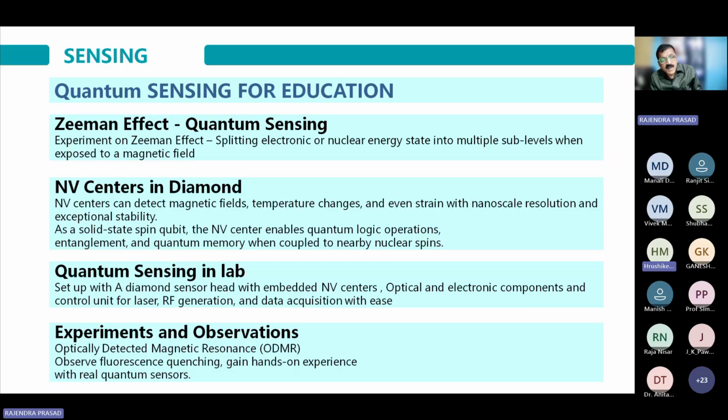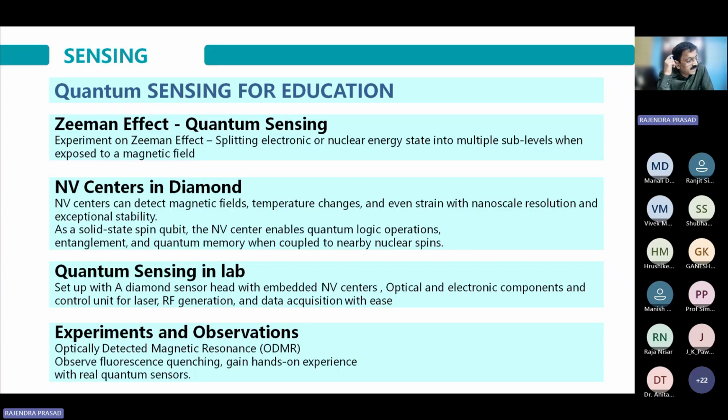What we do is apply green light, and the red fluorescence that we get from the diamond is used for the measurement. And with real quantum sensors, we can use this sensor. We provide this as a quantum sensing lab, a whole system, and that can be used.